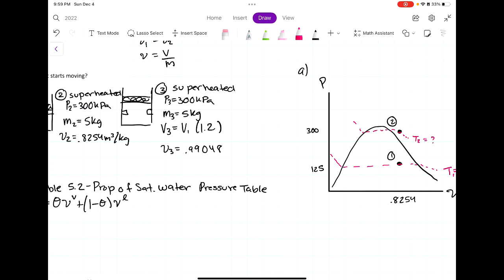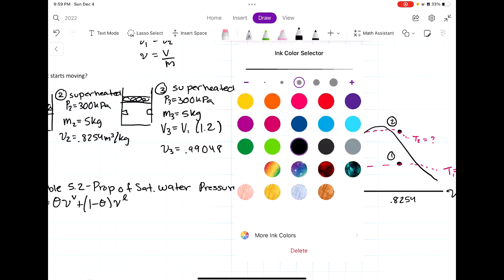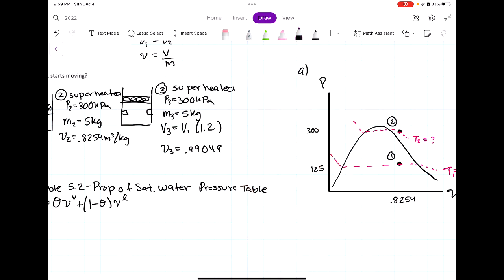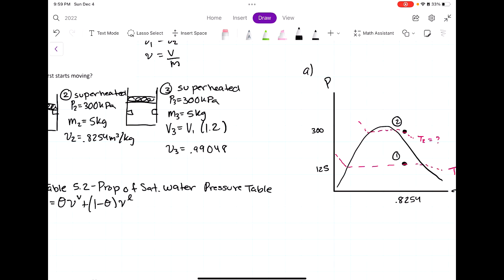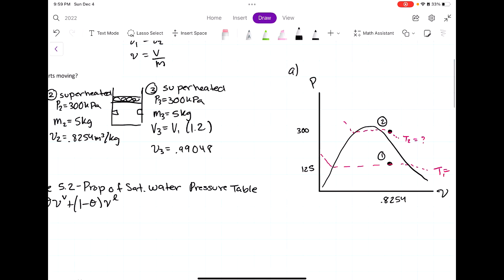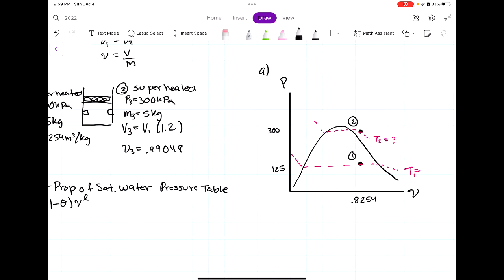And then my state 3 is still superheated, right? So it's going to be on the right side of my dome, just like state 2. But this one's at the same pressure, different specific volume. And it's a greater specific volume, so it's going to be to the right of it. And so it should be right here. Remember, the pressure is still at 300 kilopascals.